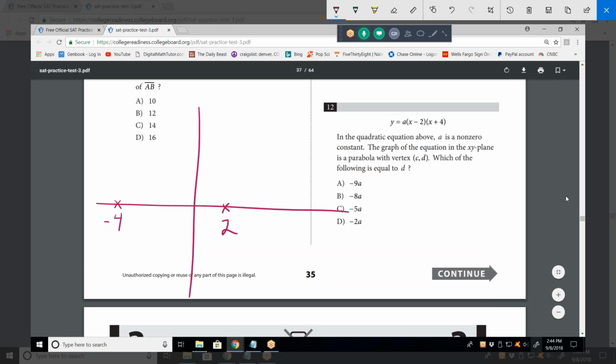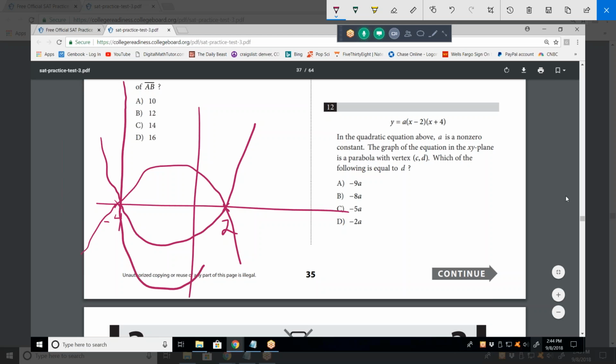We know it's a quadratic, which means it's a parabola. We don't know if A is positive or negative. It just says A is non-zero constant. So either the thing looks like this, or it looks like this, or it could even look something like this.